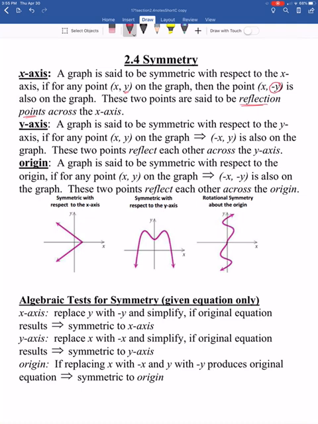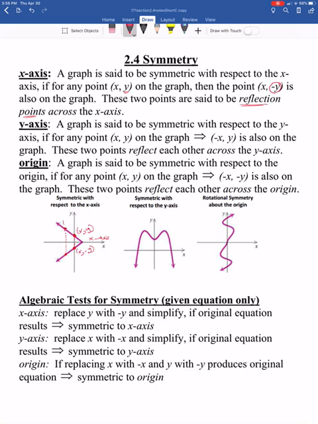So we have these ordered pairs that reflect across the x-axis. Go down here to our three graphs below, and you see an example of each type of symmetry with these tests. You can see what I'm talking about with this graph. Here's an ordered pair on the graph, say (x, y). If you look directly across the x-axis, we see that reflection point, the ordered pair (x, negative y).